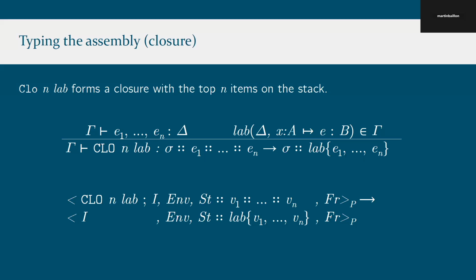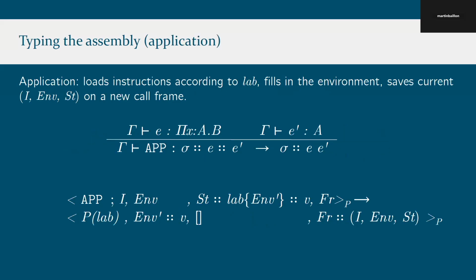And this is exactly what it reflects operationally. If I have this closure instruction on top and I have n items on top of the stack, then I will make a closure item from taking the top n items right here. And for application, the typing is really simple, because as long as I have two things, one is the function type, one is the argument, I get the result here.